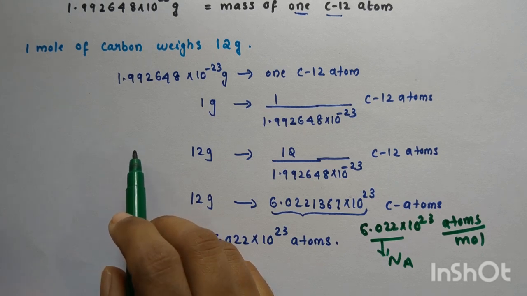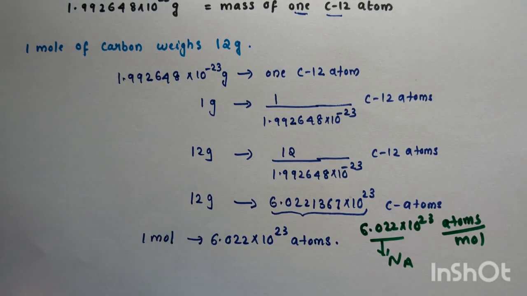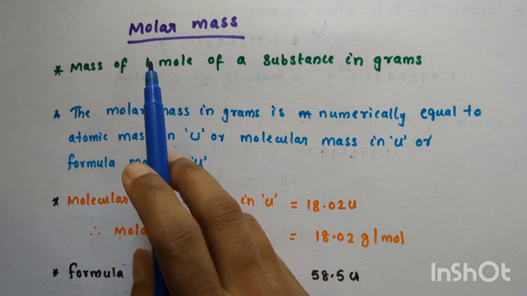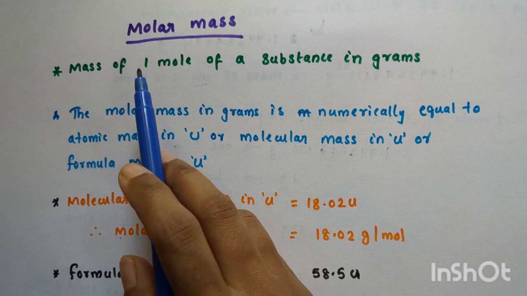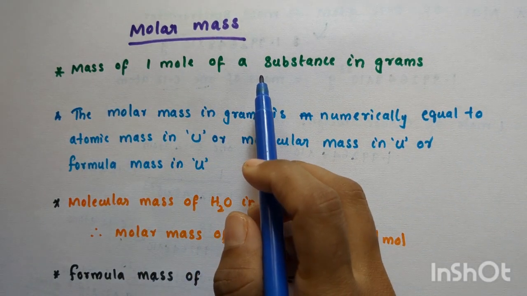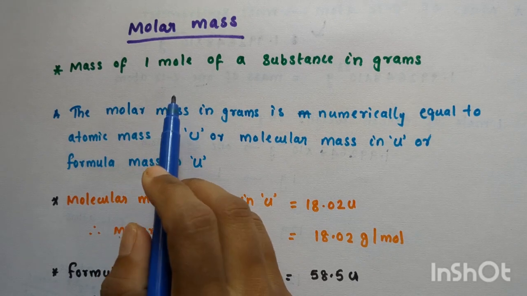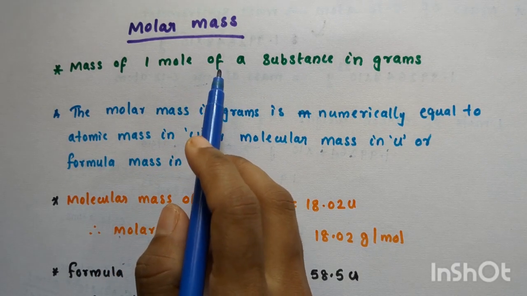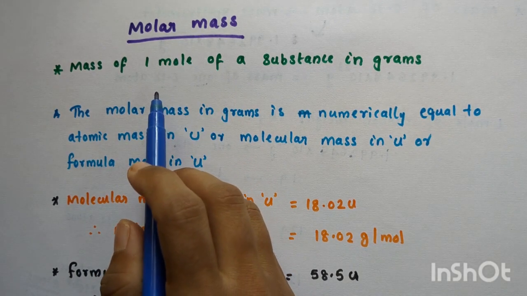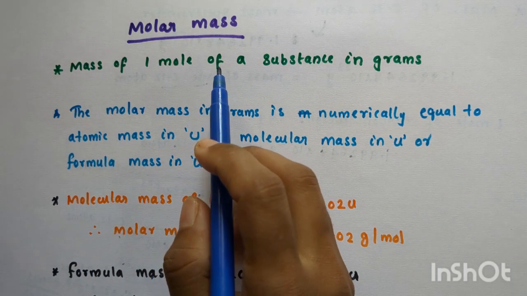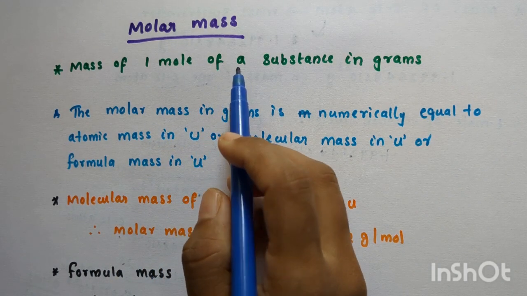Now let us see what molar mass is. Molar mass is the mass of 1 mole of a substance in grams. In 1 mole of a substance, there are 6.022 × 10^23 atoms or molecules.